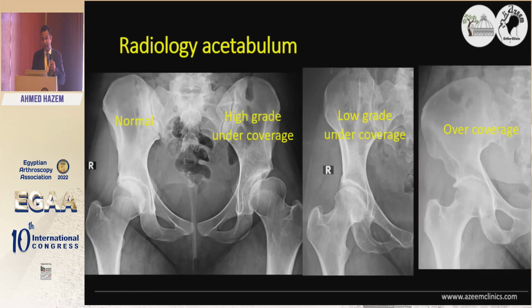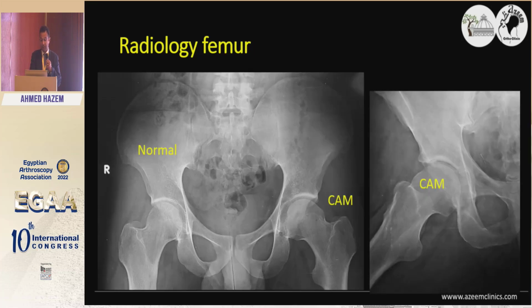On the radiographic appearance, you will find a deficient acetabulum: high grade, like a lateral center edge angle less than 10 degrees, and low grade between 10 to 25, and an overcoverage, which is a lateral center edge angle over 40, which is a pincer or overcoverage or femoroacetabular impingement.